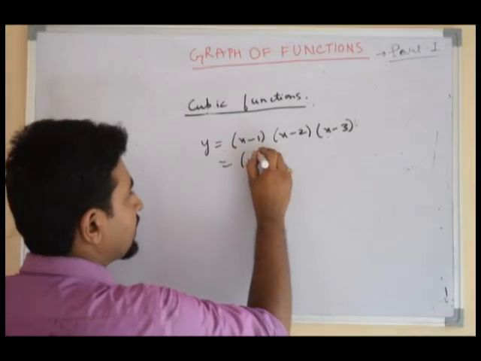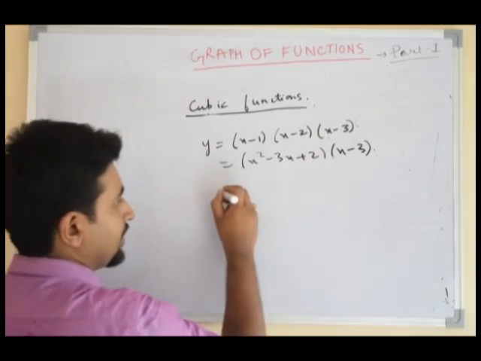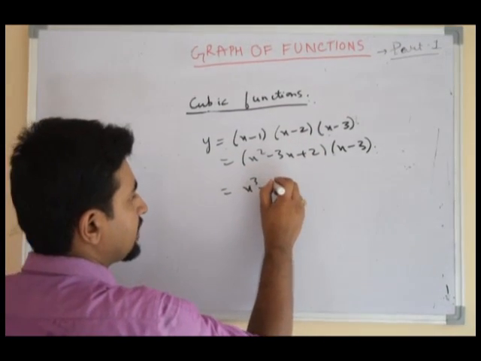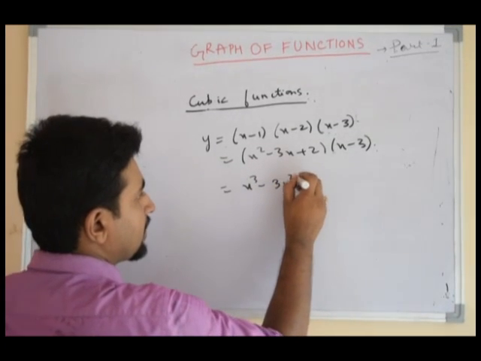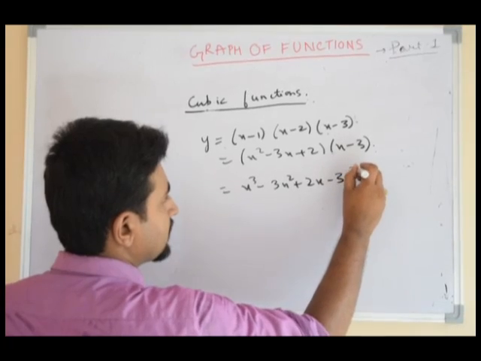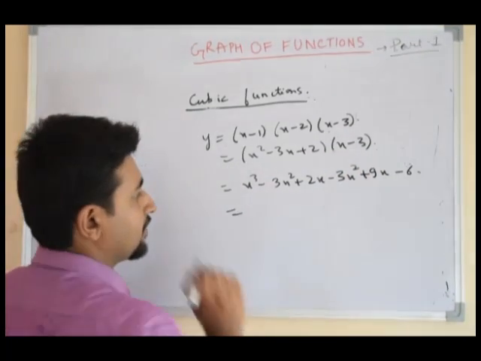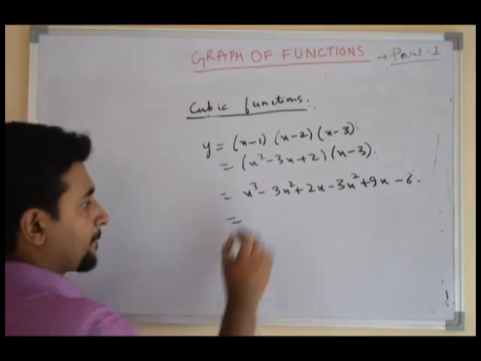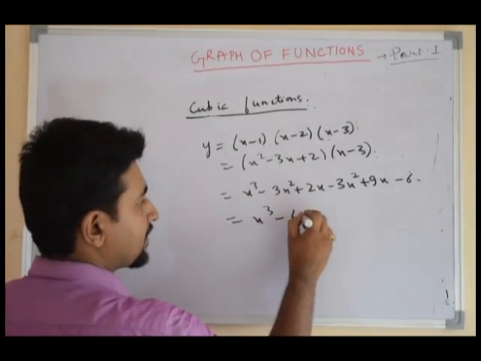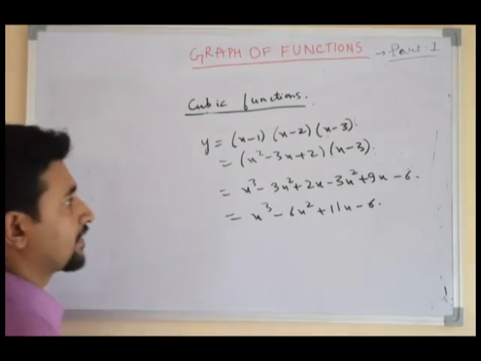You get x square minus 3x plus 2 into x minus 3, which comes out to be x cube minus 3x square plus 2x minus 3x square plus 9x minus 6, which is x cube minus 6x square plus 11x minus 6.